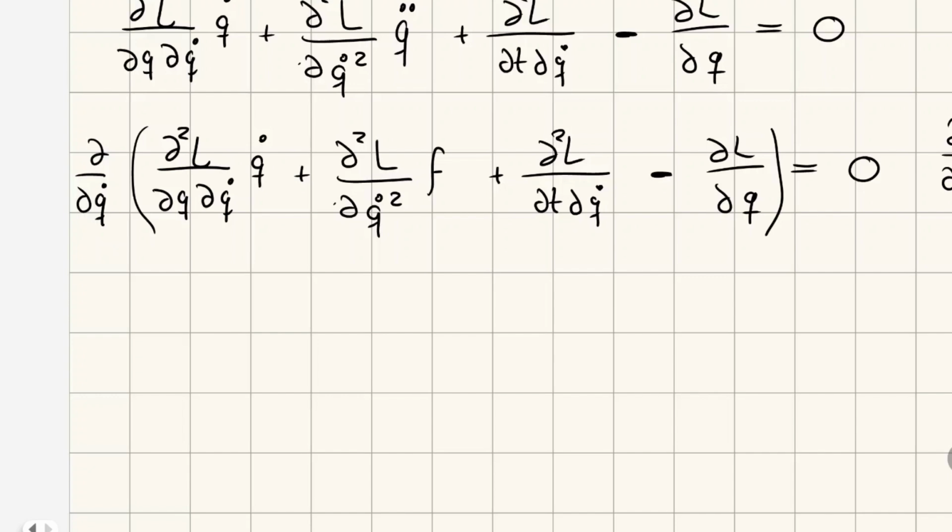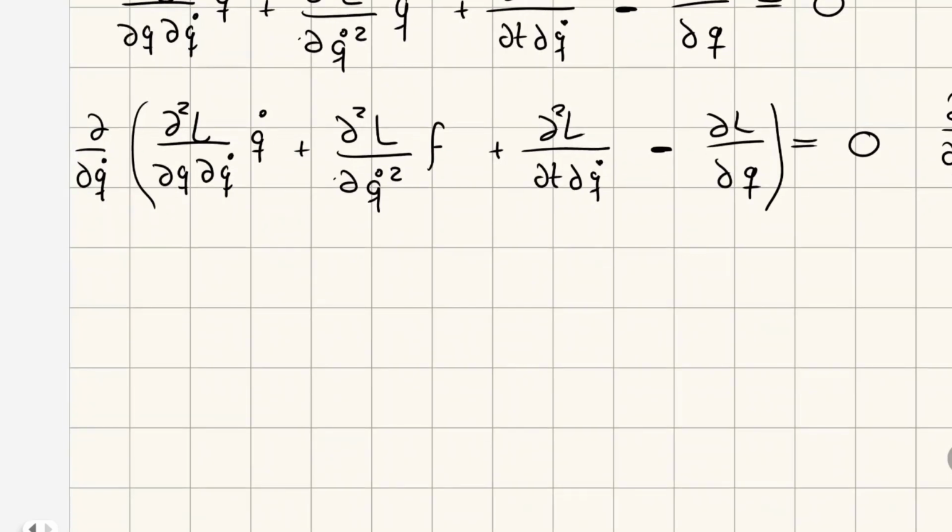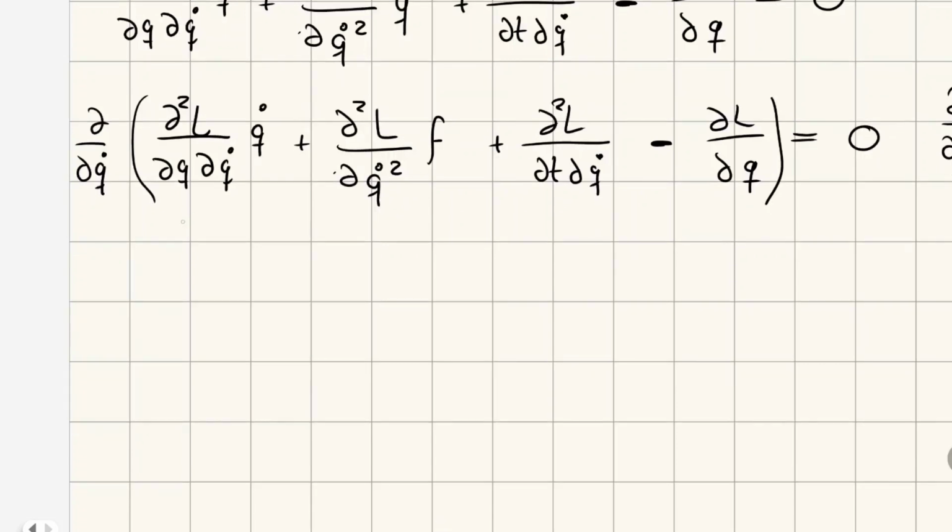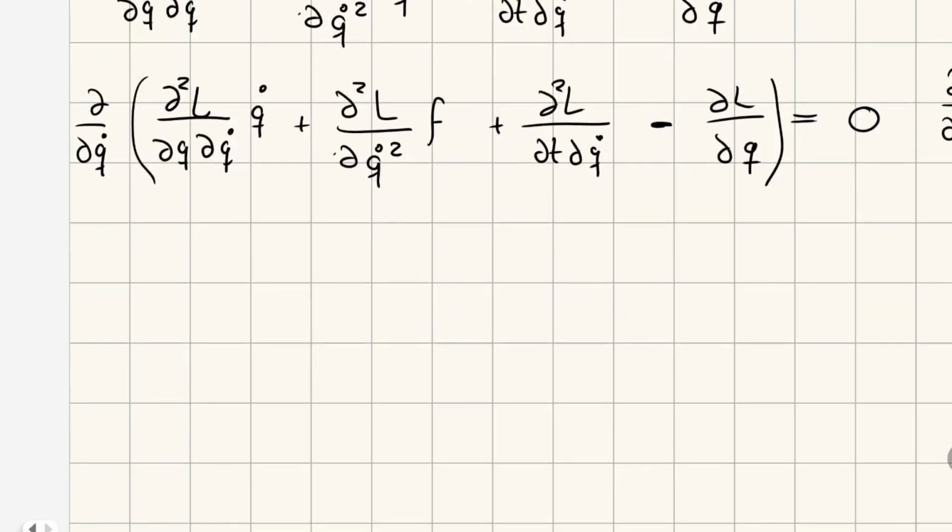We need to take the derivative of every term. Looking at this, for example, we have a product of functions, so we need to use the product rule. What are we going to get? First, let's take the derivative of this times this. The derivative of this is 1, and times this.